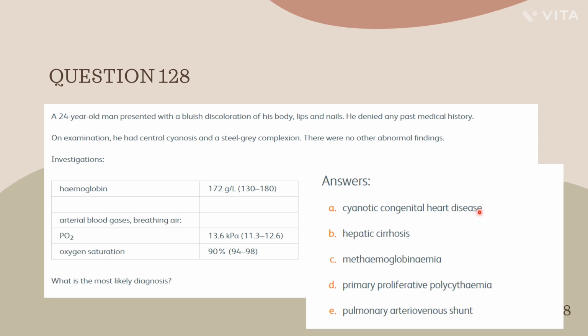Cyanotic congenital heart disease? He denies any past medical history. He is 24 years old. There is central cyanosis, steel grey complexion. It doesn't go with congenital heart disease, right? Hepatic cirrhosis, not likely. Methemoglobinemia, primary proliferative polycythemia, pulmonary arteriovenous shunt.